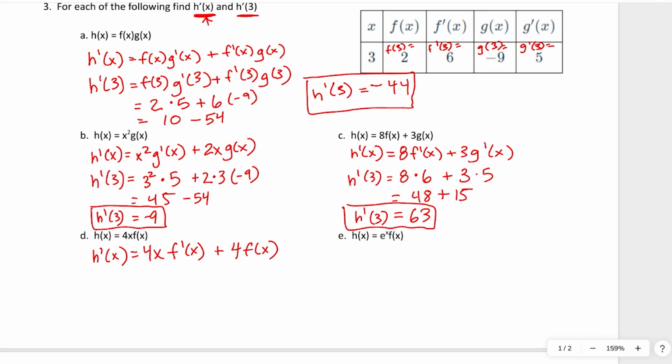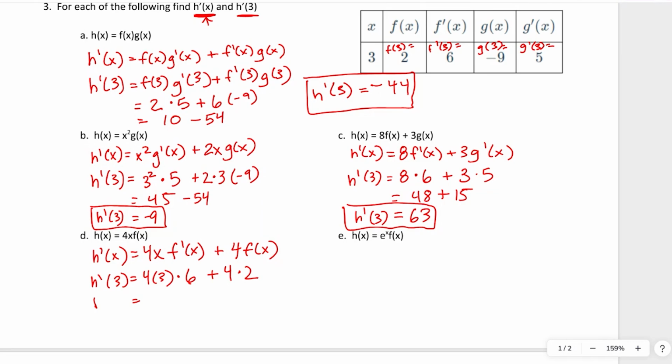Now I want to evaluate when x is 3. So I have 4 times 3 times f prime of 3, in other words, the slope of f at 3, and that's going to be 6, plus 4 times f of 3, which is 2.